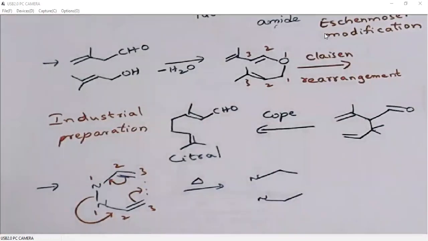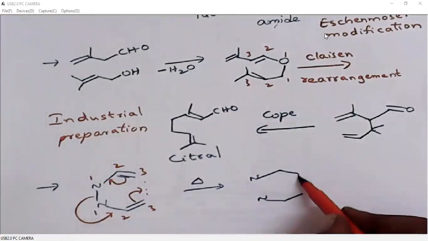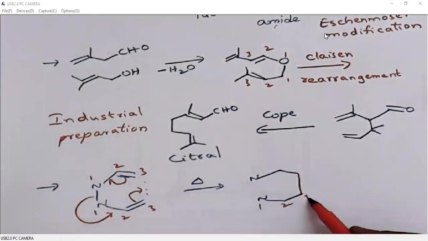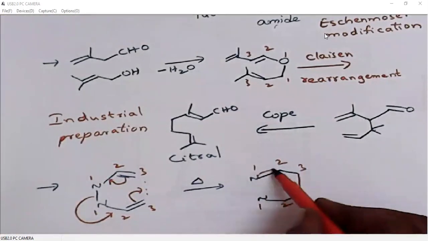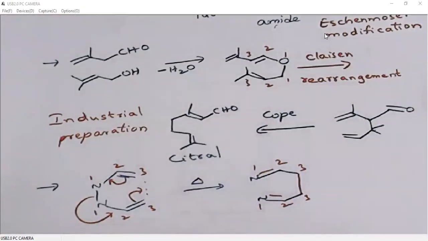I'm not changing the carbon skeleton. So it forms a 3,3 bond. The double bonds are rearranged. It is a diamine, right? So this is an example of Fischer indole synthesis, right?